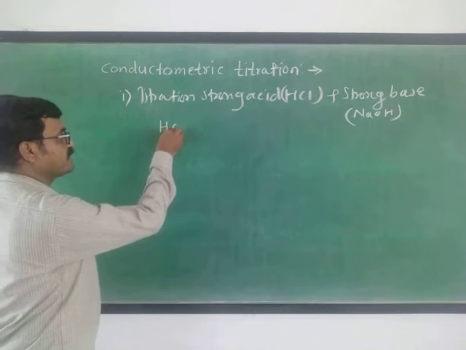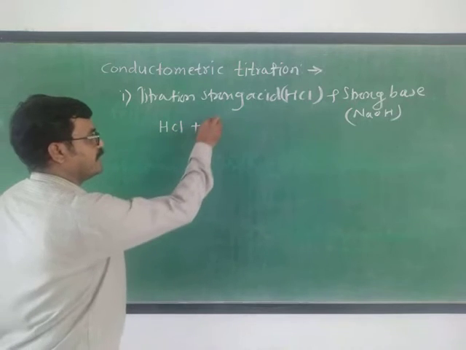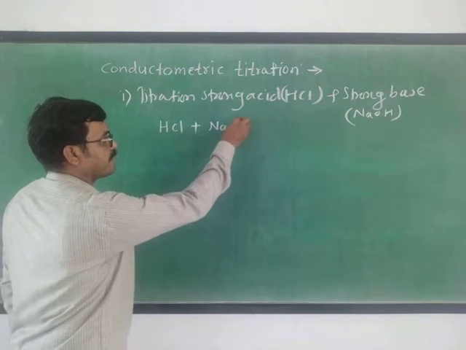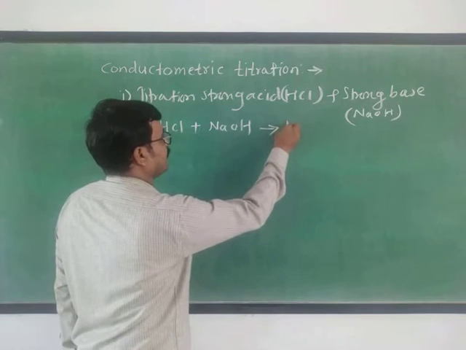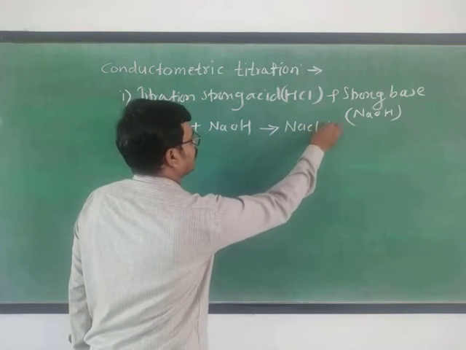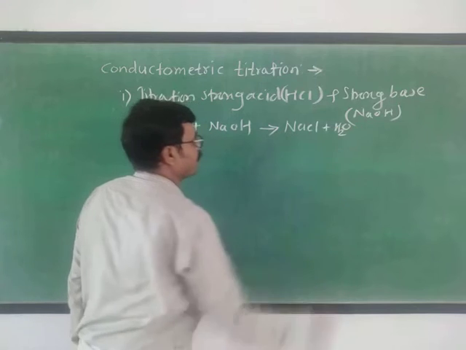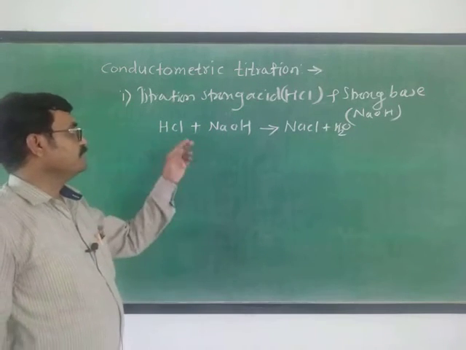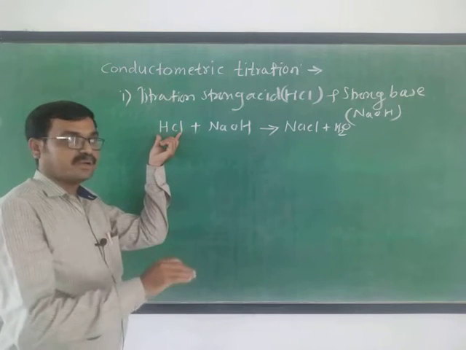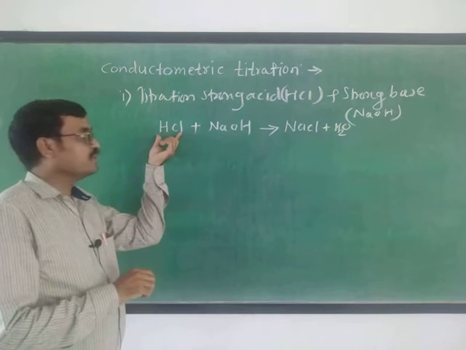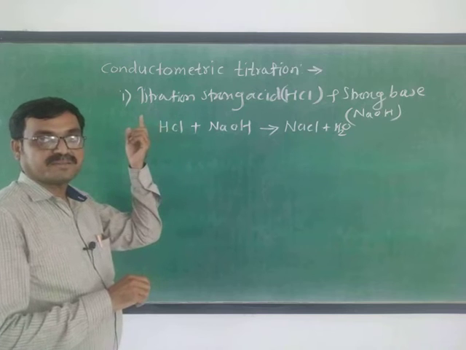HCl is present there, then NaOH is added, that's why the reaction takes place and it forms NaCl plus H2O. Initially due to HCl, before addition of strong base, conductance is high due to high mobile H plus ions.